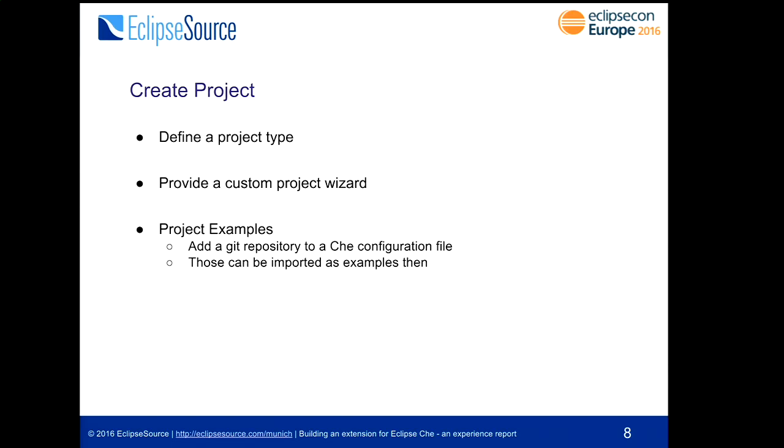And the third thing that I would like to mention, we will show that in the IDE, is you might want to add sample projects already containing some example content, and that's very easy to do with Che because you can configure a list of Git repositories, and Che will look at this list and just show those Git repositories as examples. So the users can directly get the contents of those Git repositories into their workspace.